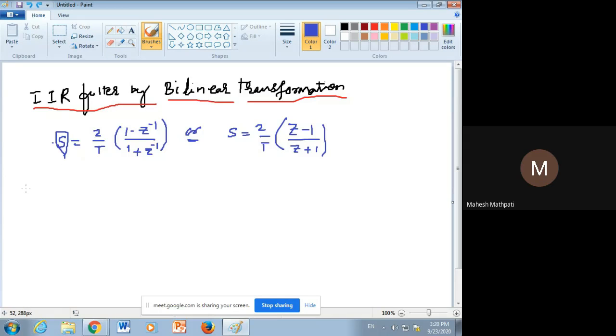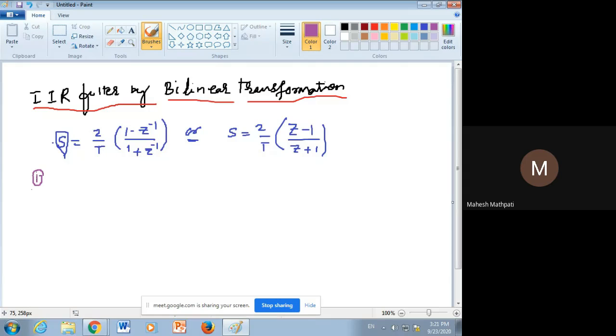You may expect this as a theory question also. They will ask you to write a note on bilinear transformation and write its steps to design a filter. So there you need to write that theory as well as its steps.